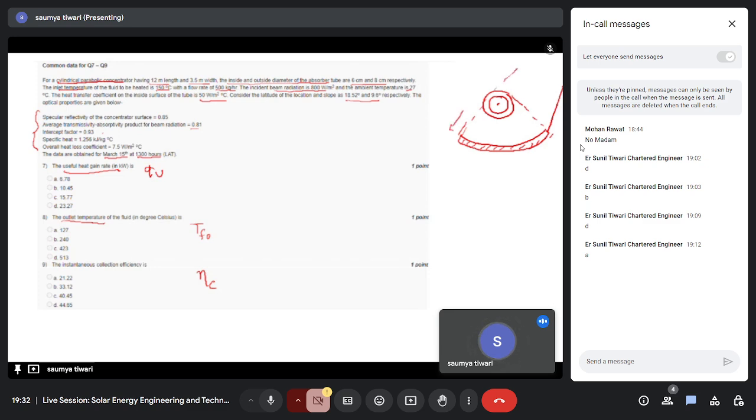This length is given as 12 meter, and the width is given. This is 3.5 meter.